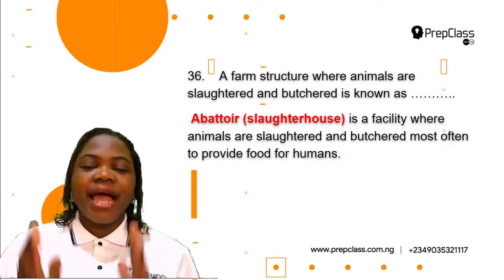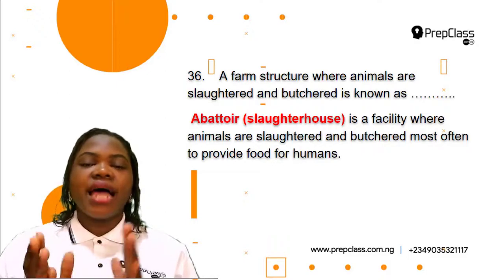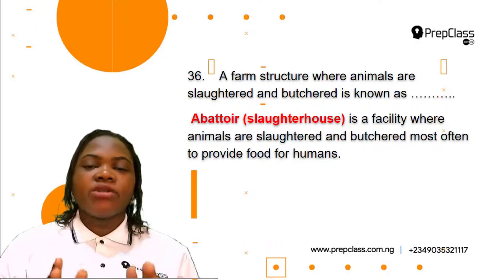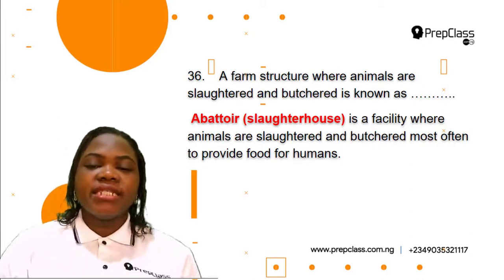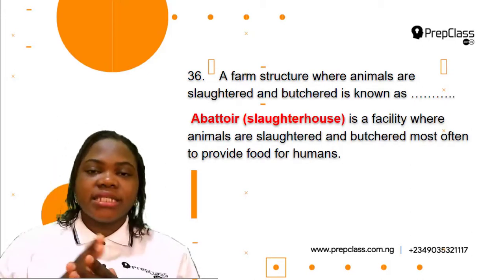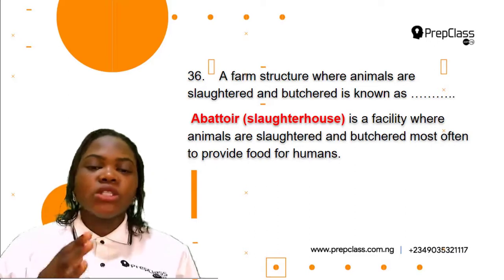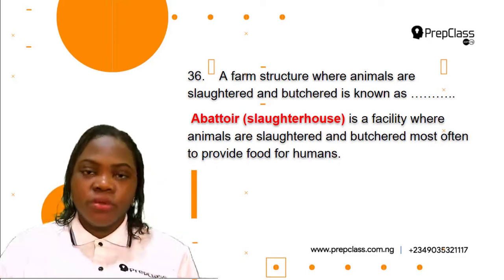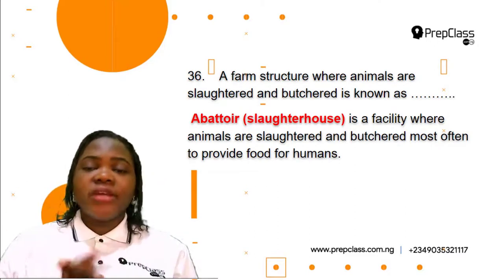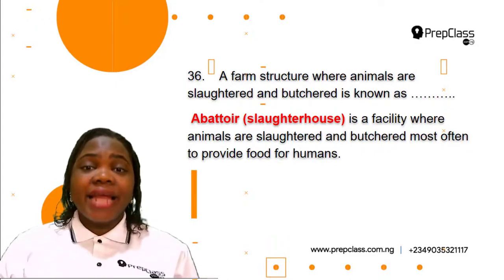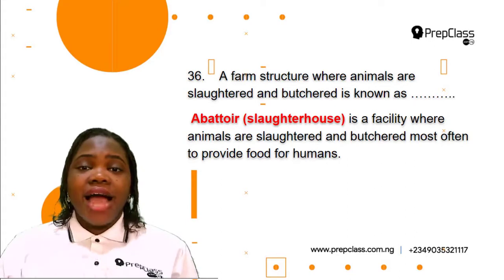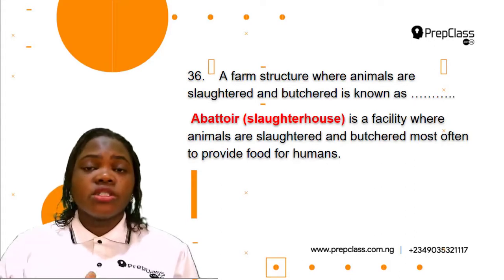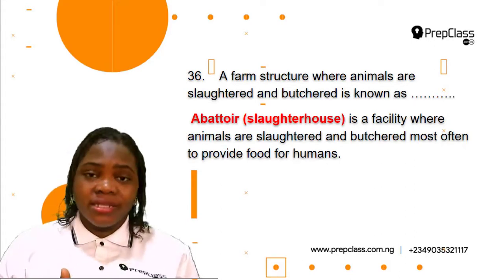The answer is abattoir or slaughterhouse. So an abattoir is also known as a slaughterhouse. It is a facility where animals are slaughtered and butchered, most often to provide food for humans. Also, an abattoir is used to slaughter animals that are not fit for human consumption and animals that can no longer work, such as retired work horses.